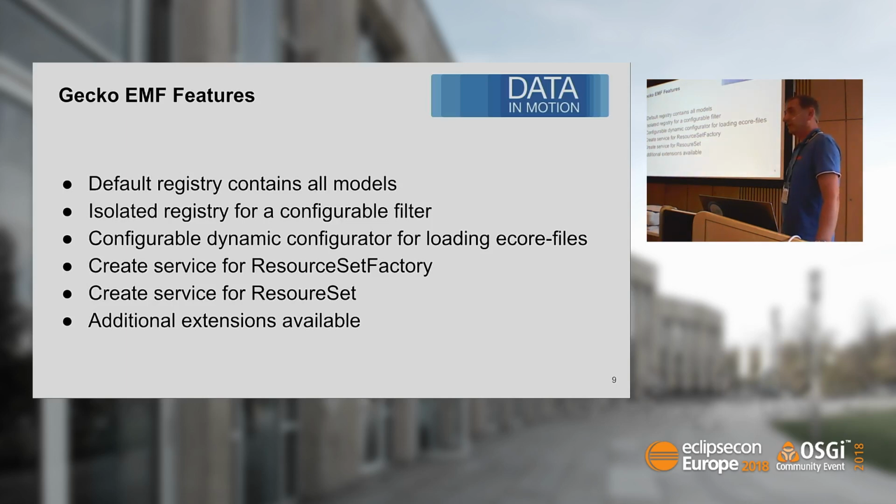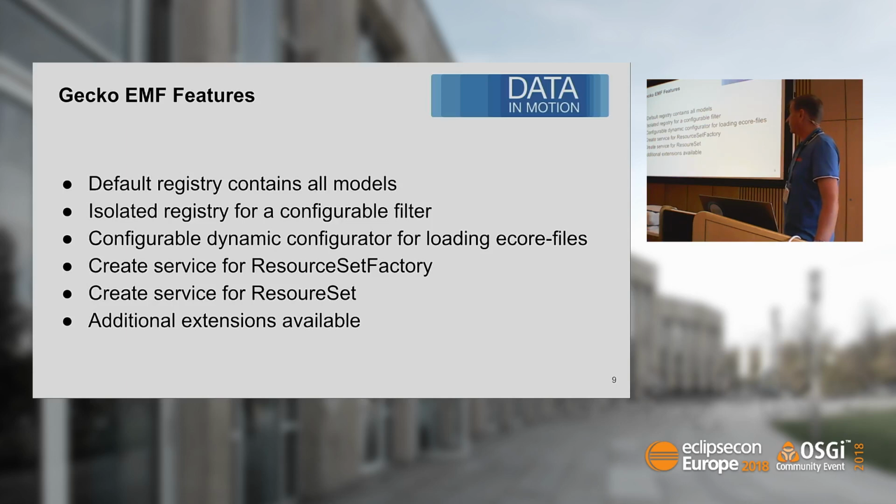So you can just give this registry a name, and you can give it a target filter for your models or properties or whatever, and then it comes up and only collects these registered EPackage configurators, resource configurators, whiteboard services.